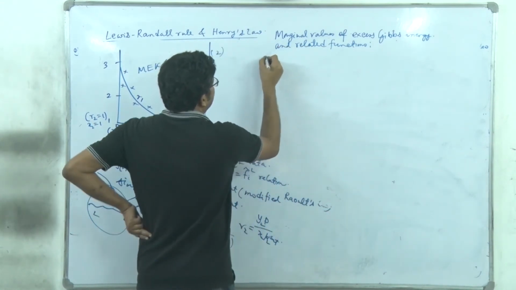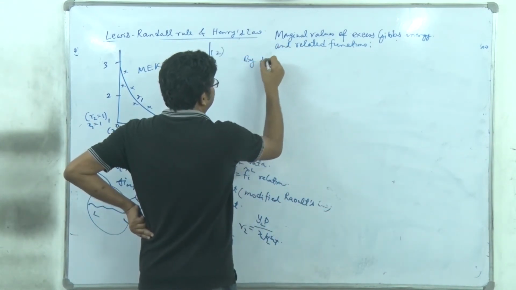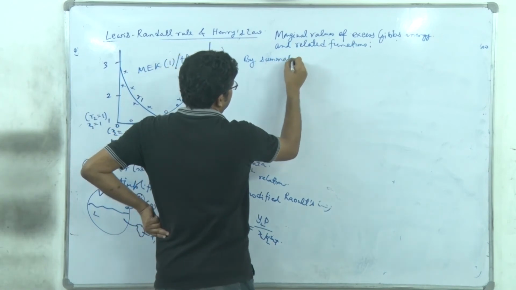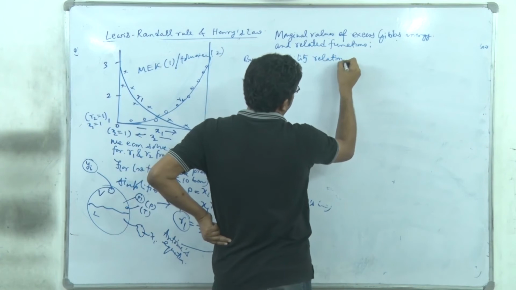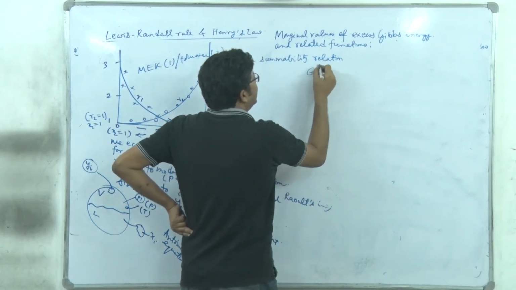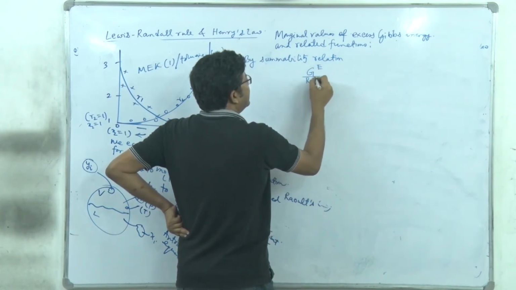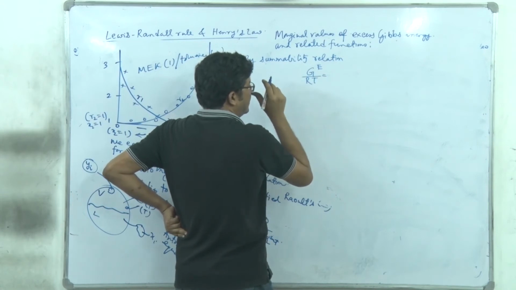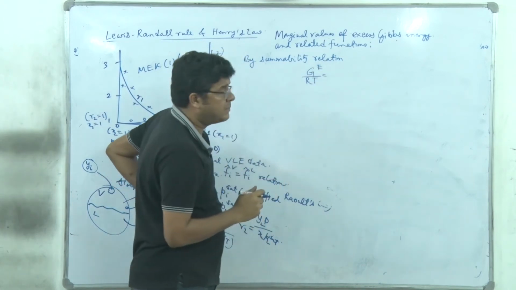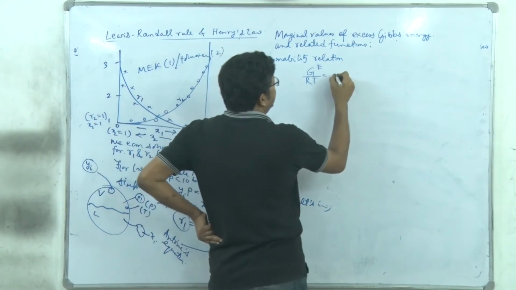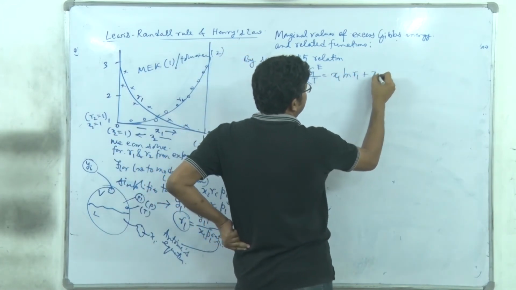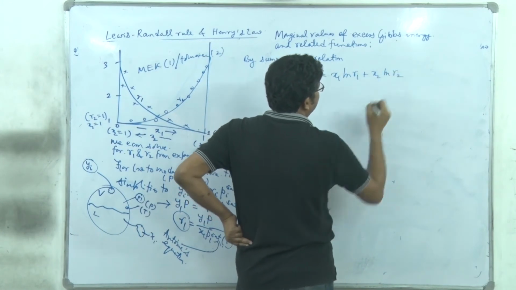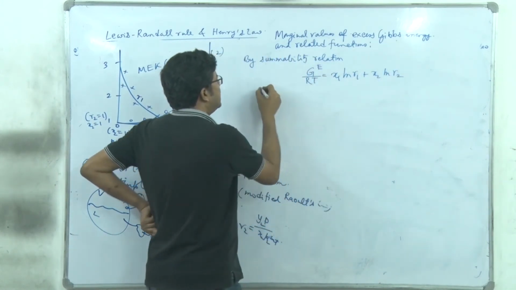See, by the summability relation, excess Gibbs energy by RT, the normalized form, GE by RT is x1 ln gamma 1 plus x2 ln gamma 2, right?